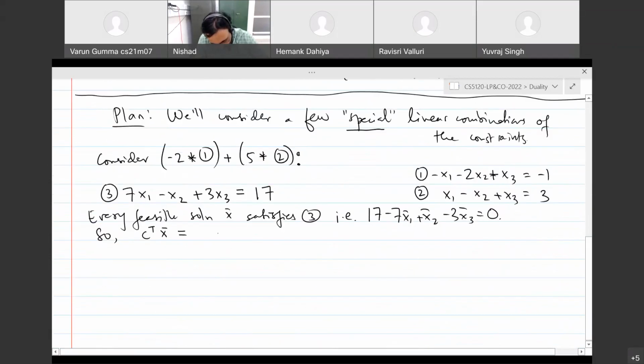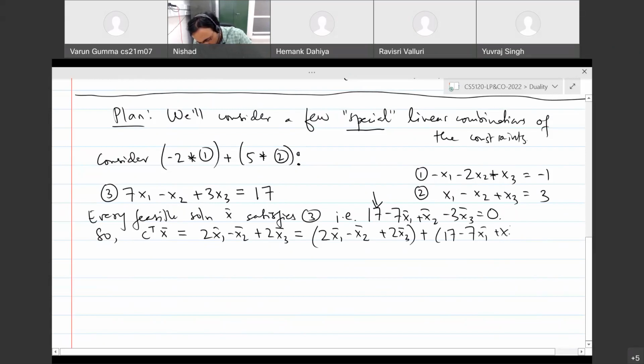So it is 2x1 bar minus x2 bar plus 2x3 bar, right? And I can always add a 0 to this. So that's what I will do. So I can add the left hand side here: 17 minus 7x1 bar plus x2 bar minus 3x3 bar.